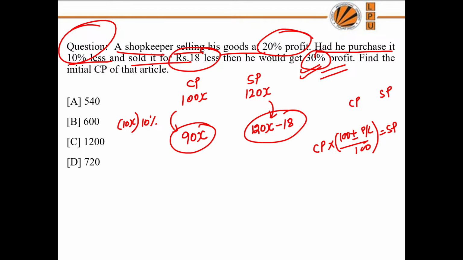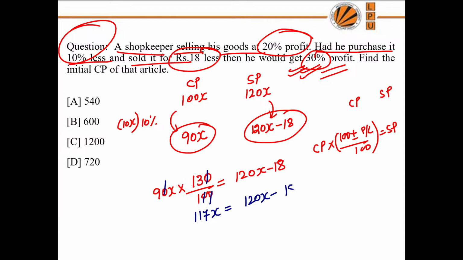Here the profit is 30%, so I can write CP, which is 90x, multiplied by 130 divided by 100, equal to SP, which is 120x minus 18. Getting it? Now you can cancel the zeros, so it is 117x equal to 120x minus 18.